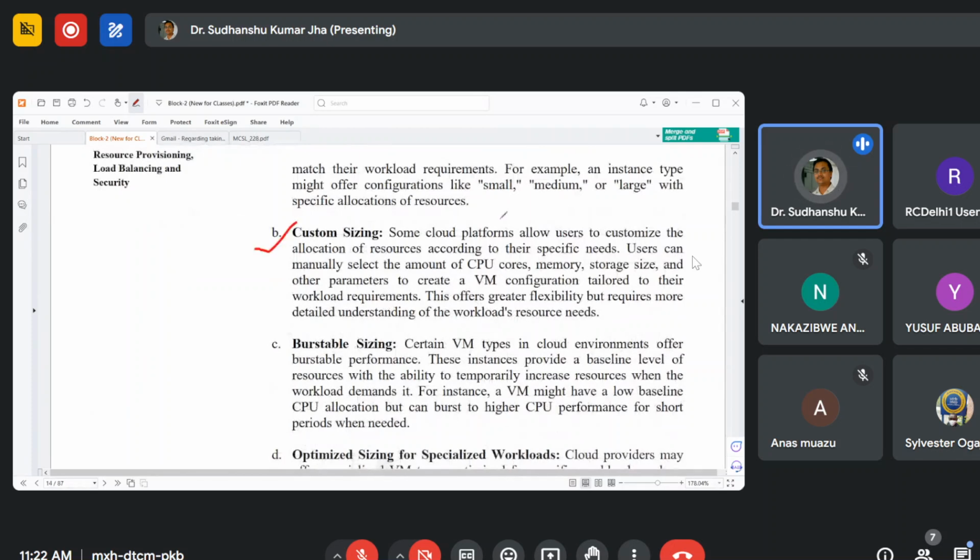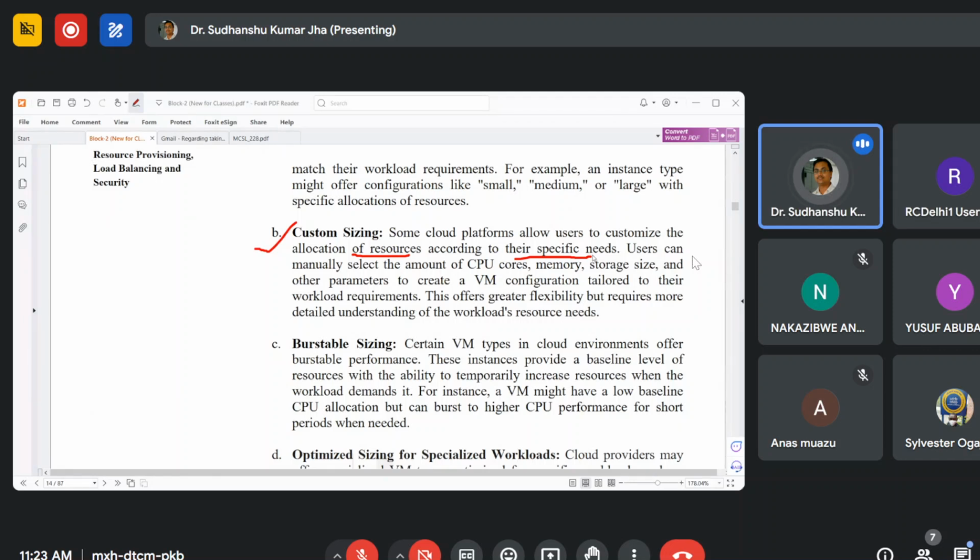In the case of the custom stitching, the customers are allowed to customize the allocation of the resources according to the specific need. Now the customer will select how many resources the customer may require. The customer will decide how many cores, how much memory space, how much storage space may be allocated.